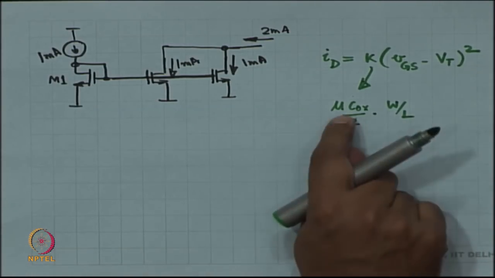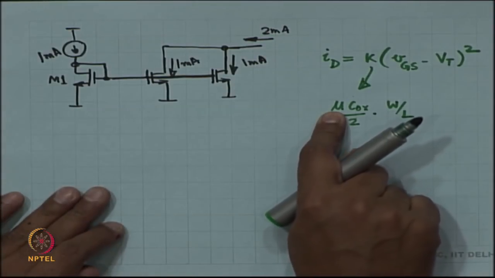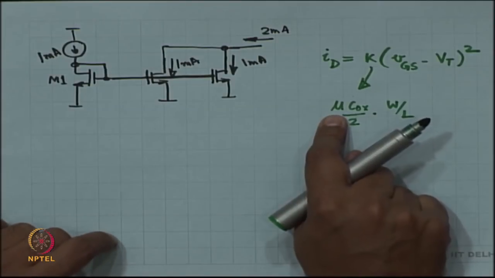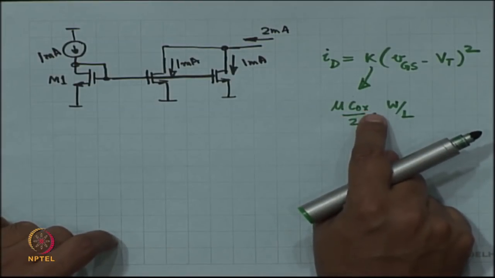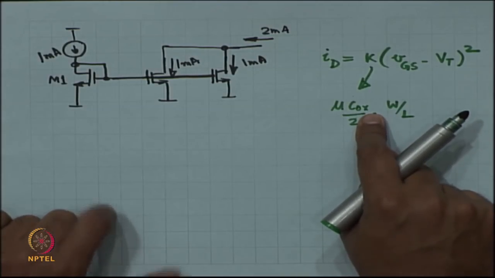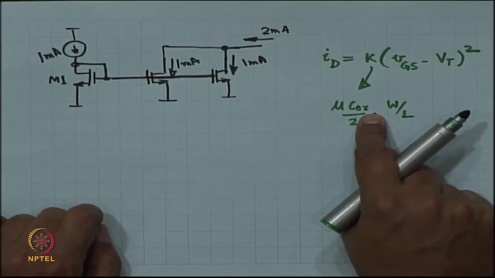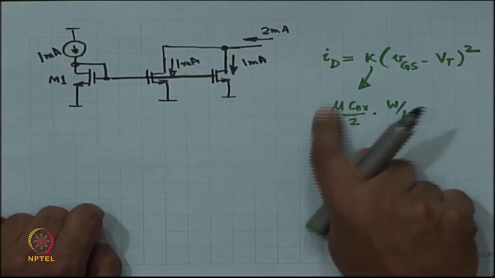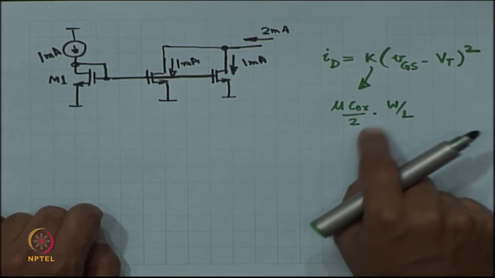all right. Mu happens to be the mobility of either electrons or holes, whatever is the majority charge carrier. Cox is the oxide capacitance of the gate, all right. Cox is the area of the gate times epsilon of the gate insulator divided by the thickness of the gate, right, A epsilon by D, that is Cox.